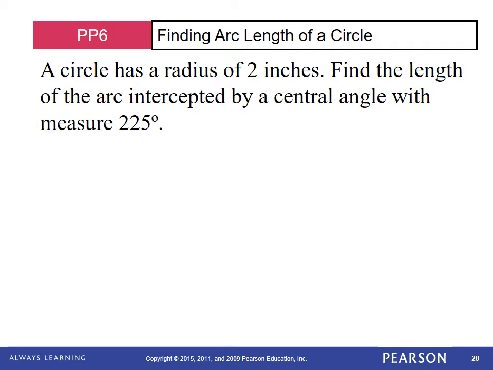All right, so let's use our arc length formula here. S is equal to R times theta. Again, R is the radius of that circle, and theta is in terms of radian measurement. So now we have ourselves a little problem, in that the central angle is in terms of degree measurement instead of radian measure.